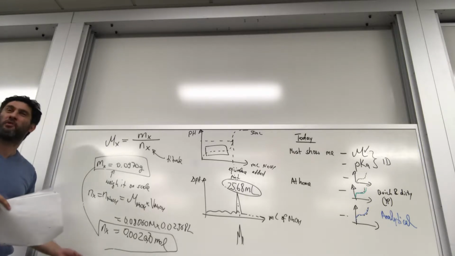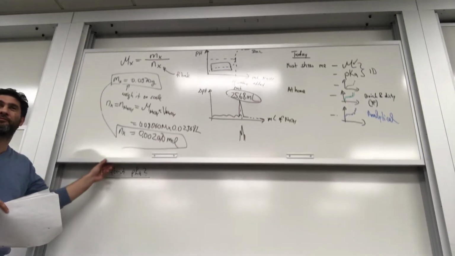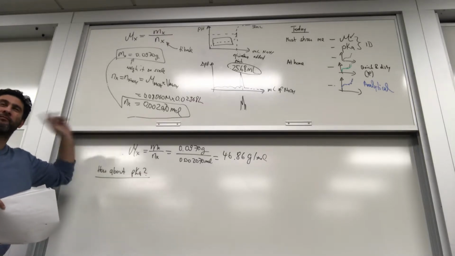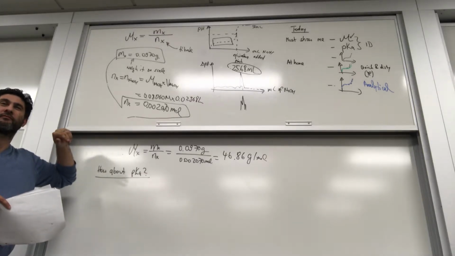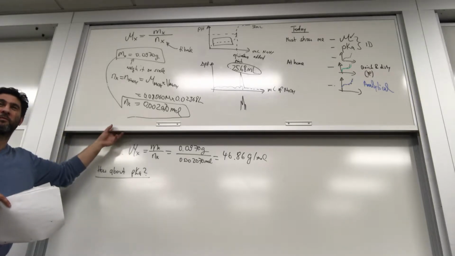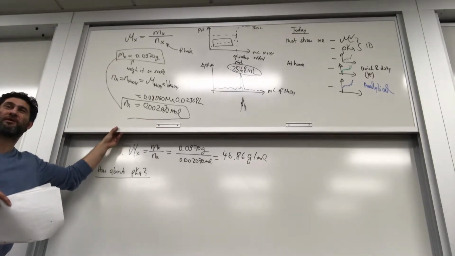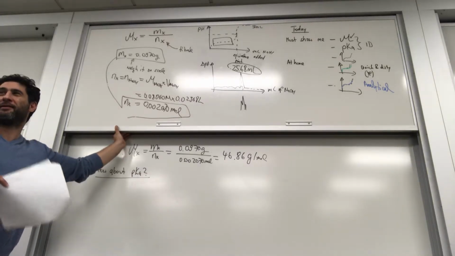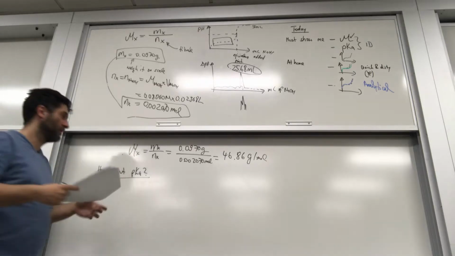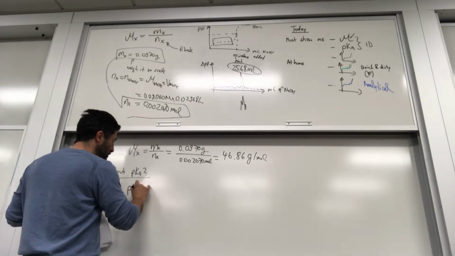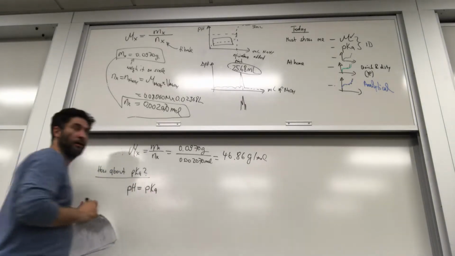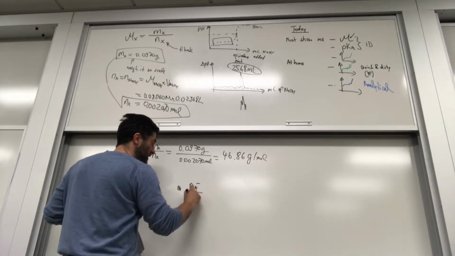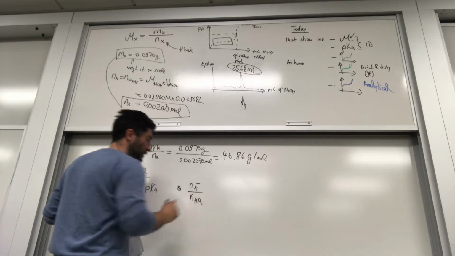Where's the buffer the most optimal? What do you mean, where? The graph? Just in general, where's the buffer most optimal? When pH is equal to pKa, and that is true when the moles of A minus equal the moles of HA.